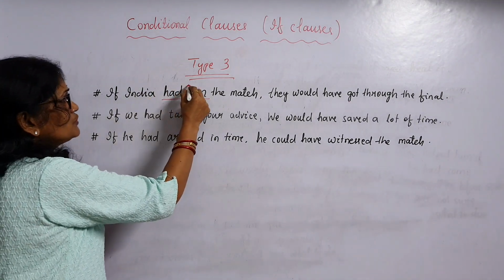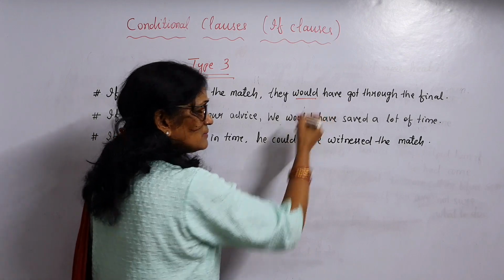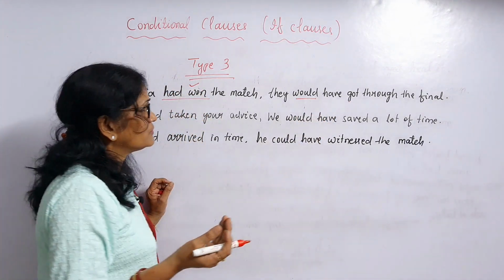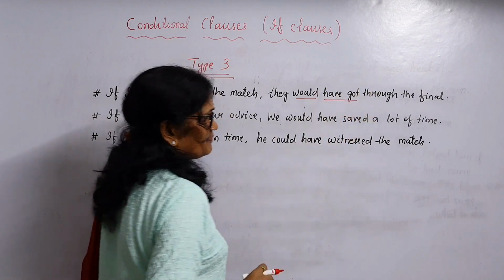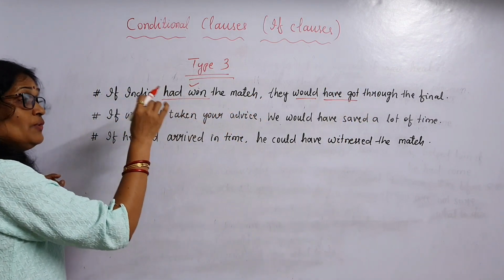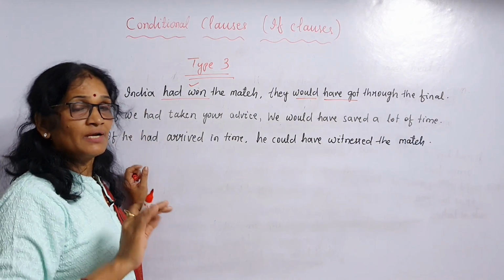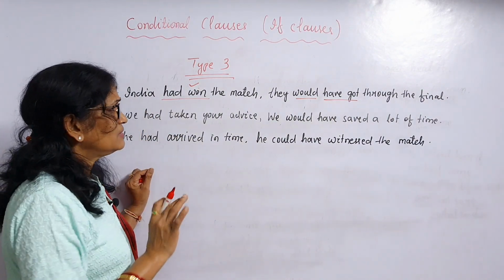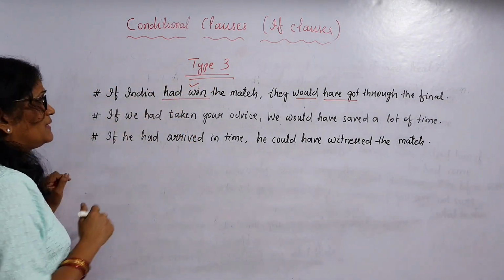In the if clause you use past perfect, but in the main clause you use a modal, would or could, plus have plus V3. That is the structure. Where something is completely imaginary, completely hypothetical, unreal, not fact, there you use type 3.